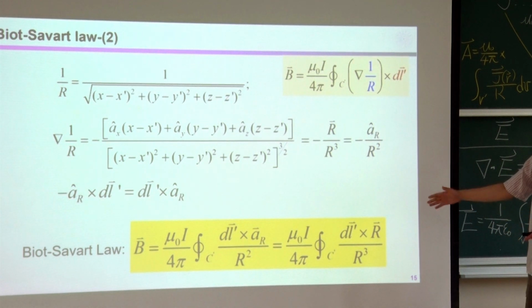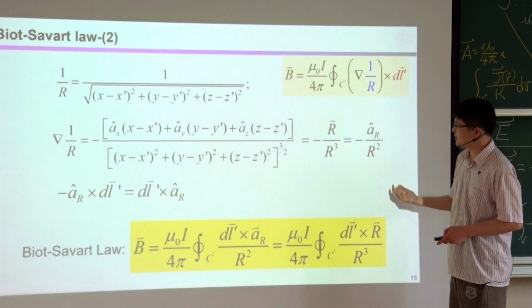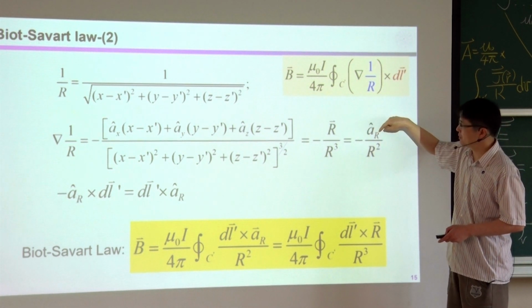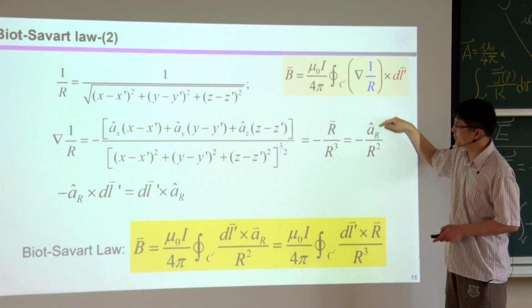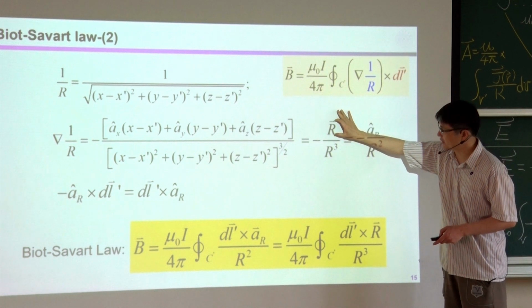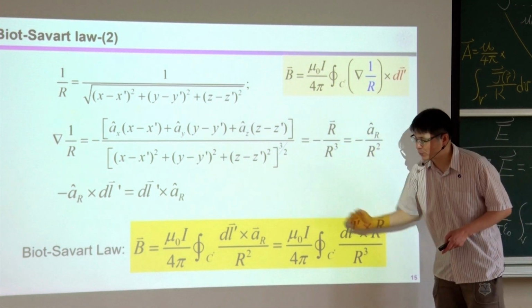So this is the Biot-Savart law. You have two forms depending on how you write this term. These two are equal, but you can say this is the unit vector divided by r squared, or the vector divided by its distance cubed. So you have two forms.